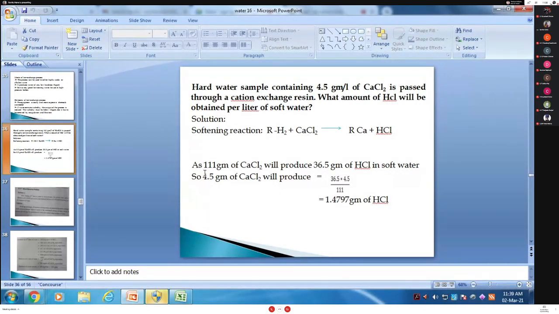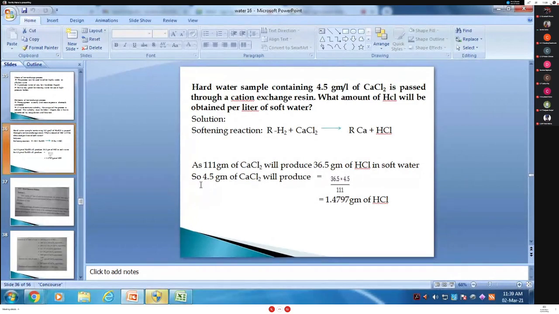Then write down: 111 grams of CaCl2 will produce 36.5 grams of HCl in soft water. This is the standard.